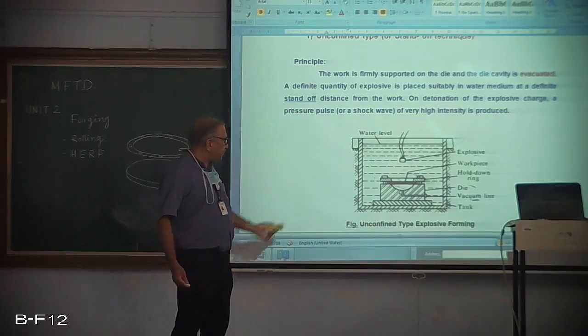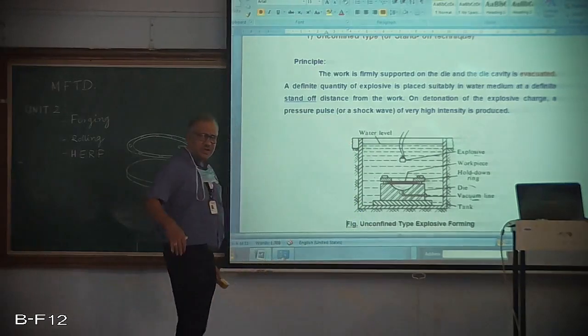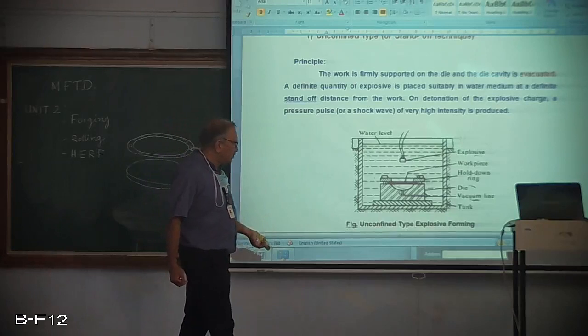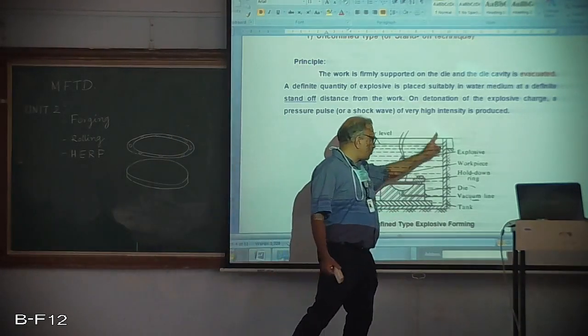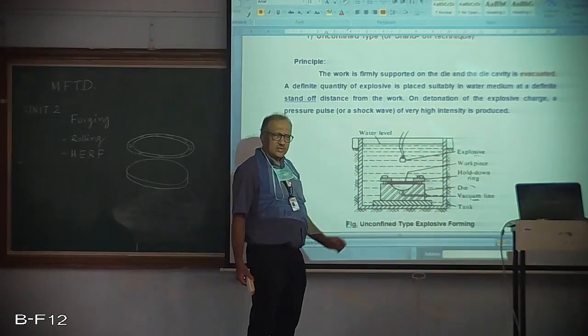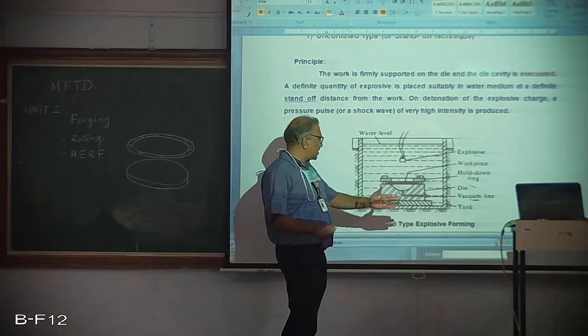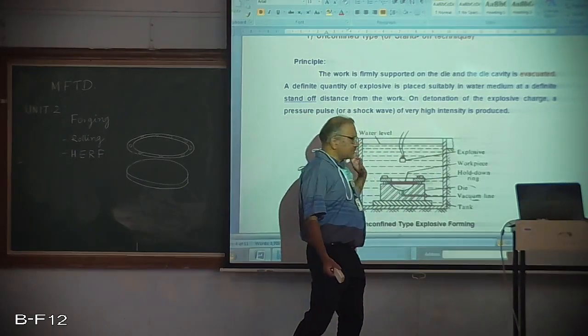So this is the typical physical arrangement available in most of the books. You can go through the books as well. To sum up, the tank or the container has a thick wall to restrict the shock wave produced by the explosive material.